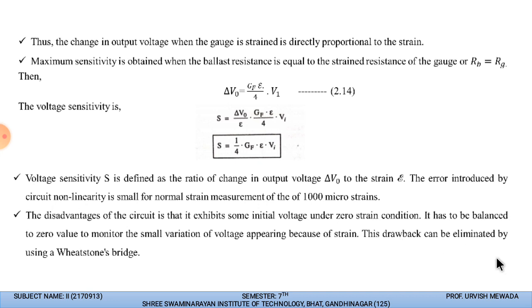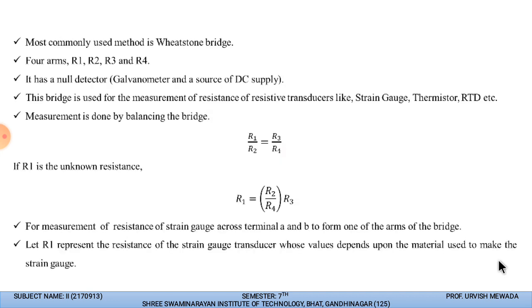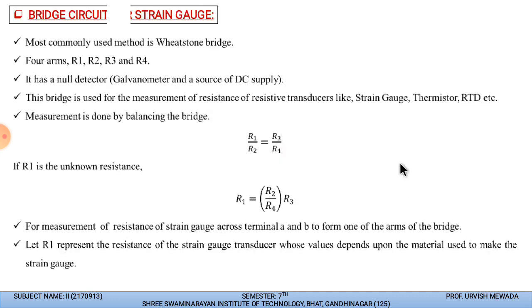So let's see how it can be minimized. This is the updated version of the ballast circuit, a bridge circuit for the strain gauge. The most commonly used method is the Wheatstone bridge.